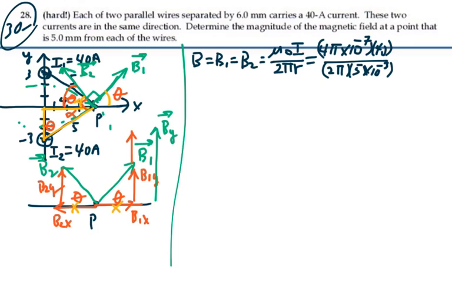The 4 pi divided by the 2 pi will leave us with a 2. The 40 divided by 5 will leave us with an 8. So that's 16 times 10 to the minus 4, which is equal to 1.6 times 10 to the minus 3 Tesla.